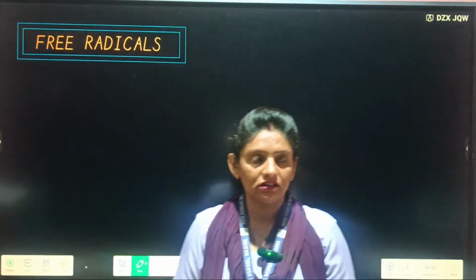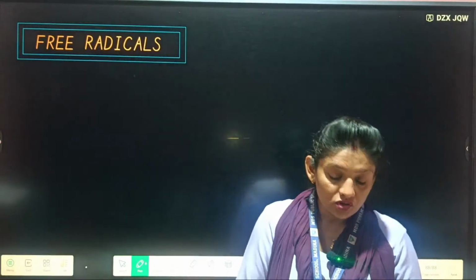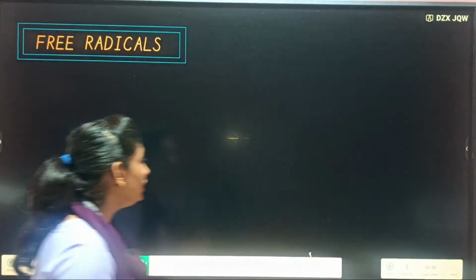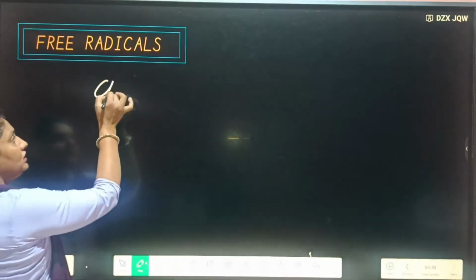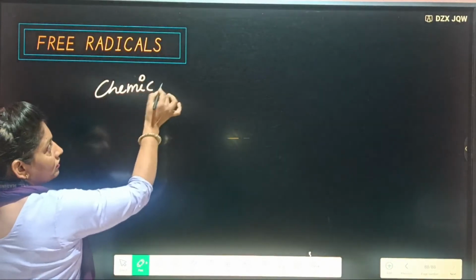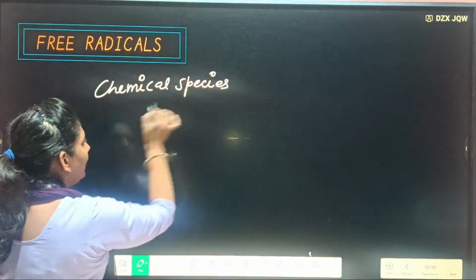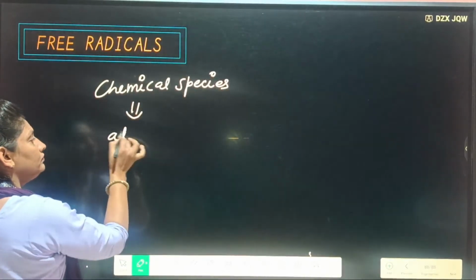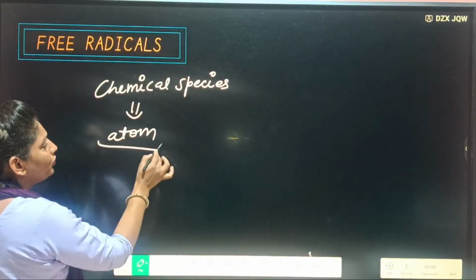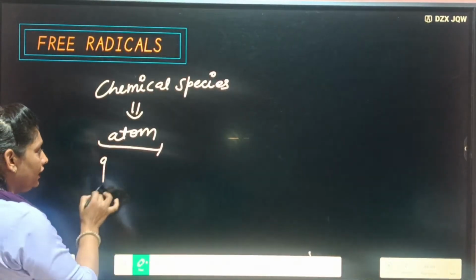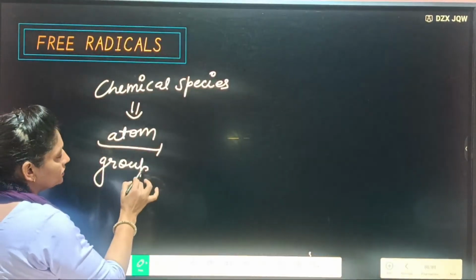So today we will discuss one more intermediate, that is the free radical. Students, a free radical is a chemical species. Here we can take an atom or a group of atoms.